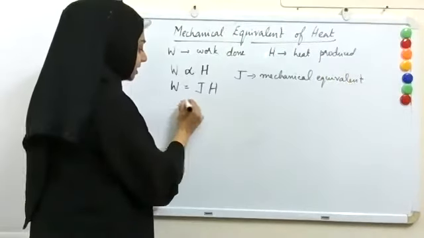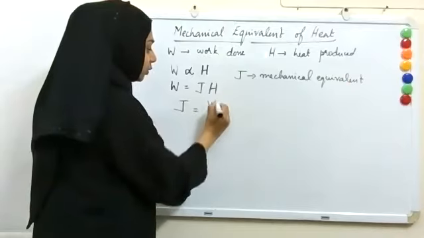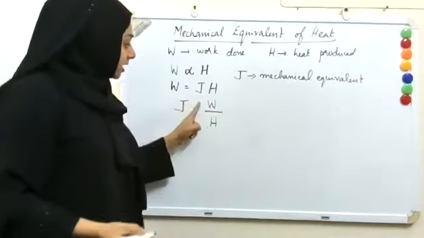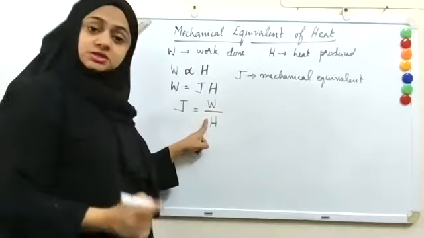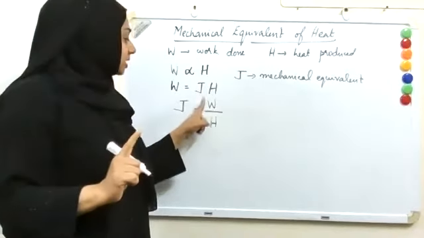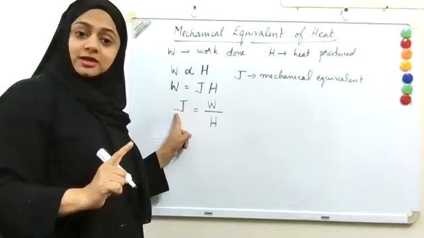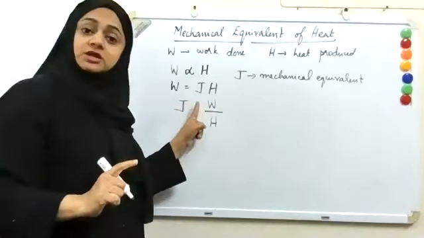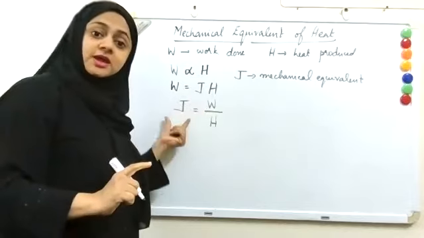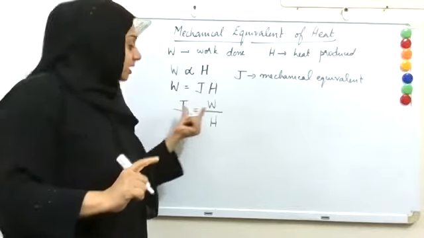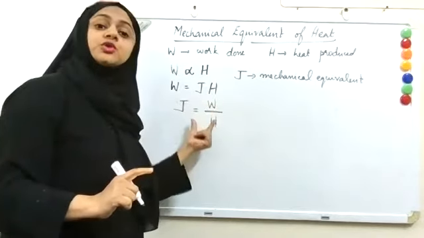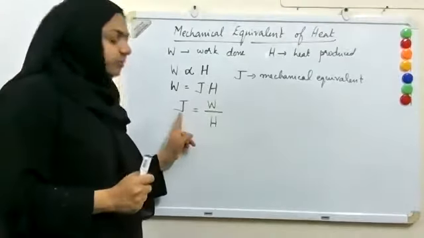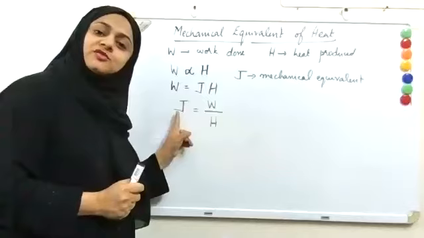So the mechanical equivalent of heat is equal to work done by heat produced. So if H is equal to 1 joule, W will be equal to J, right? If H is equal to 1, J will be equal to W. That is why we are defining the mechanical equivalent of heat as the amount of work done to produce unit heat energy. Can you guess what will be the unit of mechanical equivalent of heat?